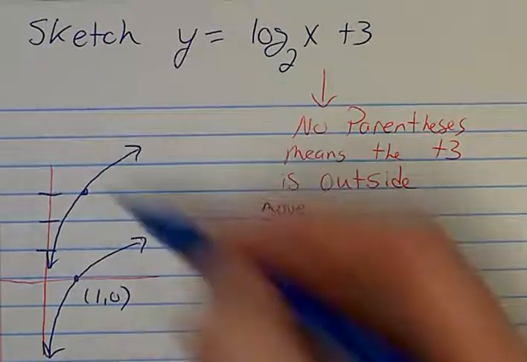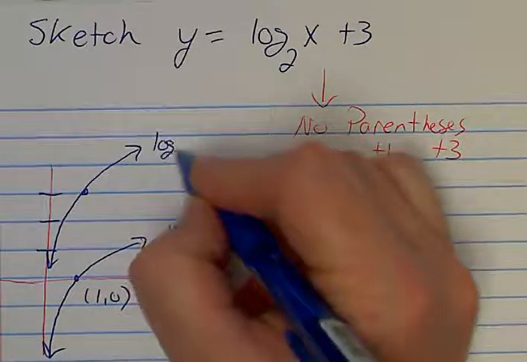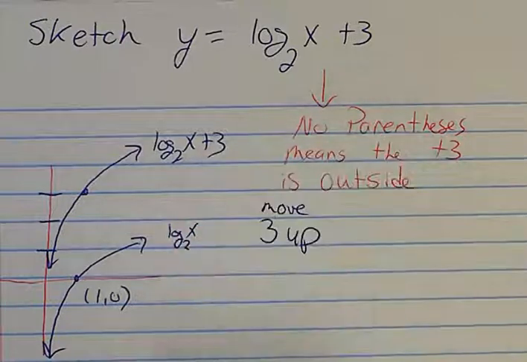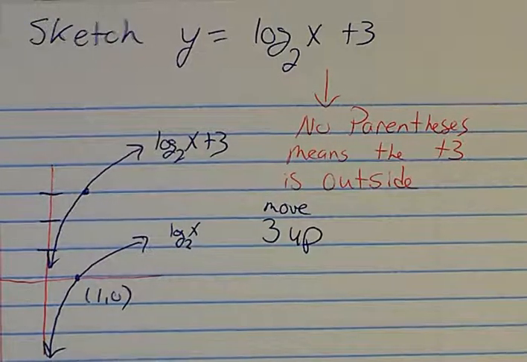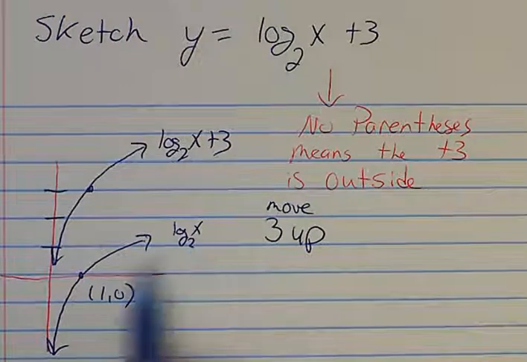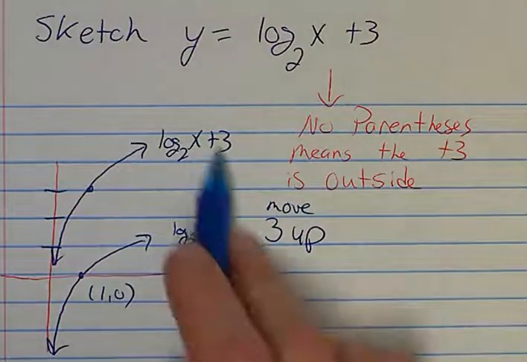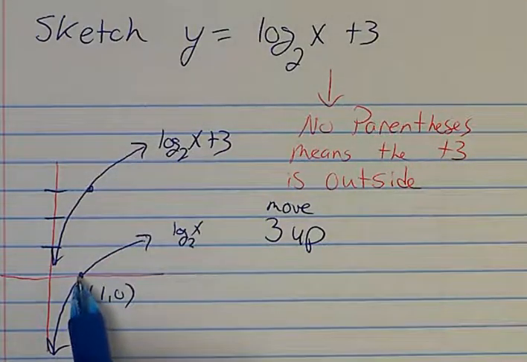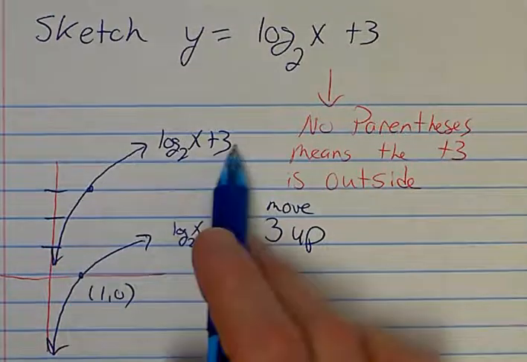Exact same graph, we've just scooted it up now. Again, log of x, we're going to start at 1, 0. When you start adding and subtracting numbers, then you're going to start at 1, 0 and move it up and down and left and right based on whatever numbers they give to you.